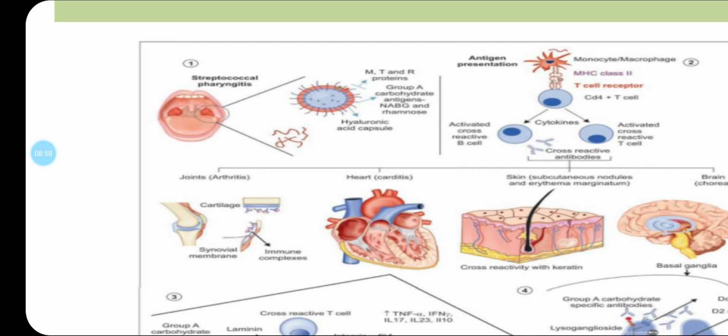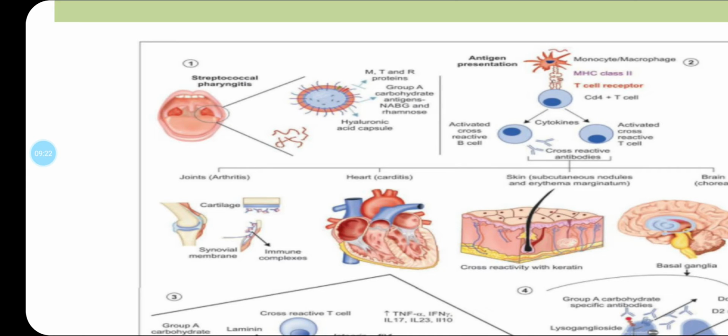So both these antibodies along with the T lymphocytes cross react with different antigens present in humans, especially the antigens that mimic the M protein and carbohydrate antigens of the bacteria.